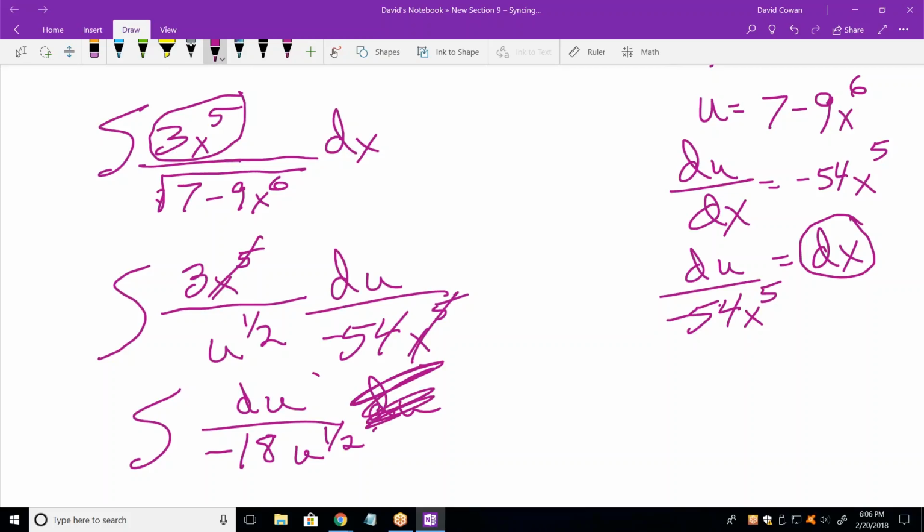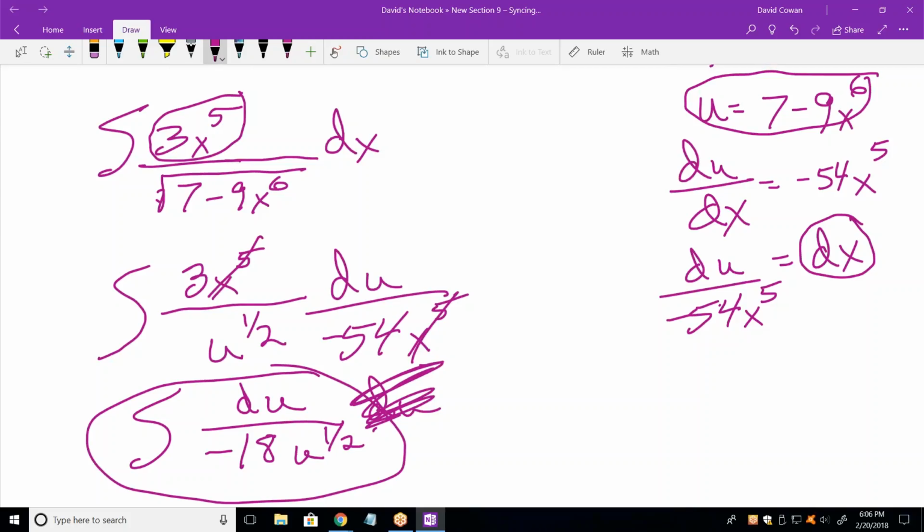Now I can do that. That's an integral that's all in u, and I can solve it using the power rule. And then when I'm done, go back and substitute for u. U is actually this.